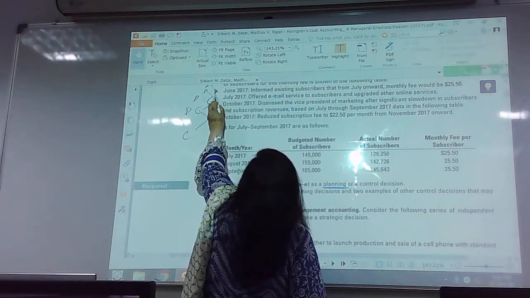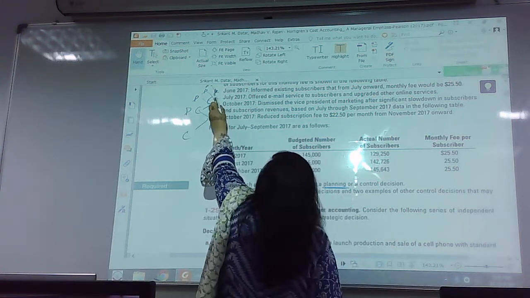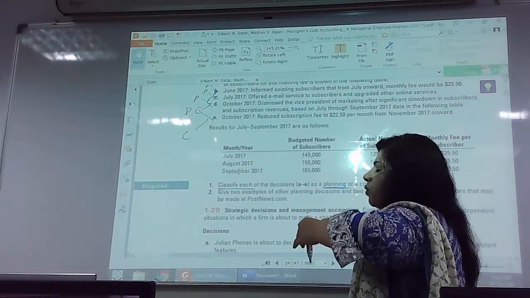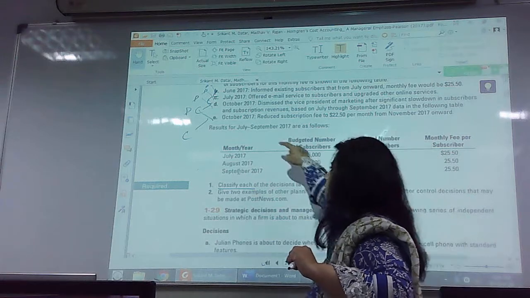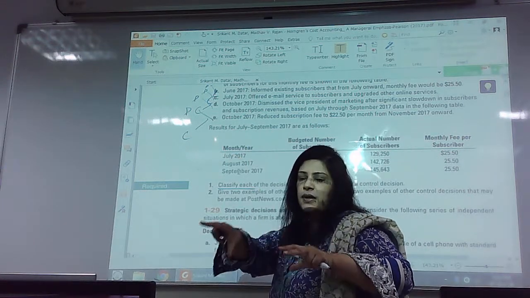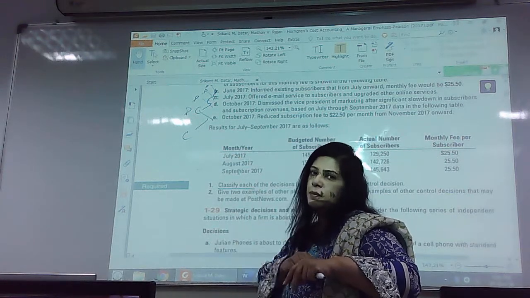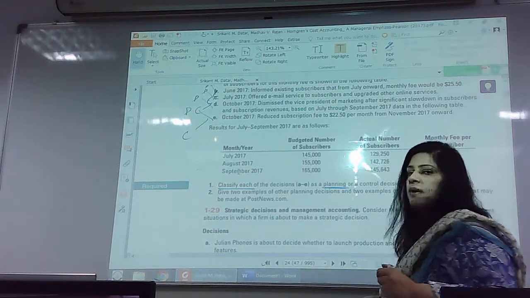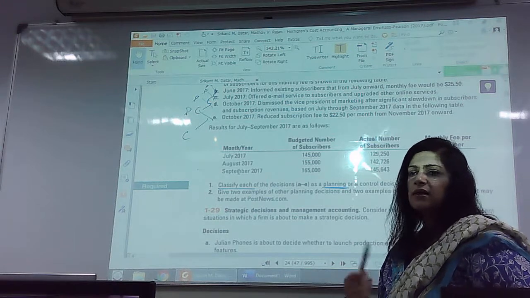Instead of just writing whether part B is a planning and part C is a control, part D is planning, and E is control, no. You can, for each part, bifurcate how could it be planning and how could it be control. So you just work on this, and you can discuss with me in the Q&A session in the next class, and I'll just guide you on this.